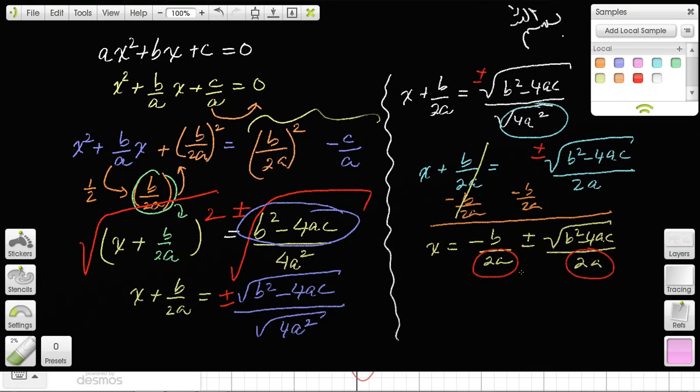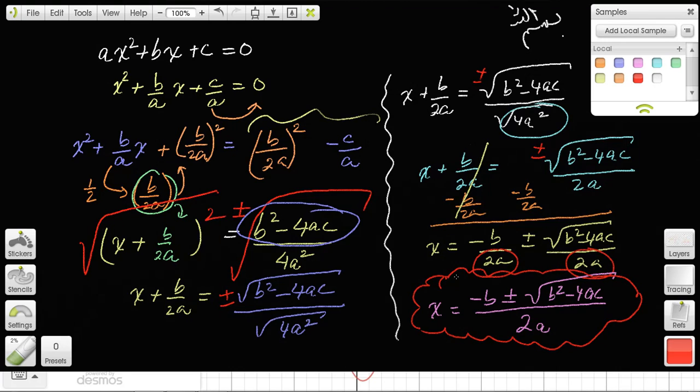So we can just add them, simplify like this. Since the denominator is the same, you can just write that as: opposite of b, plus or minus square root of b squared minus 4 times a times c, all over 2a. Ta-da! That is the quadratic formula.